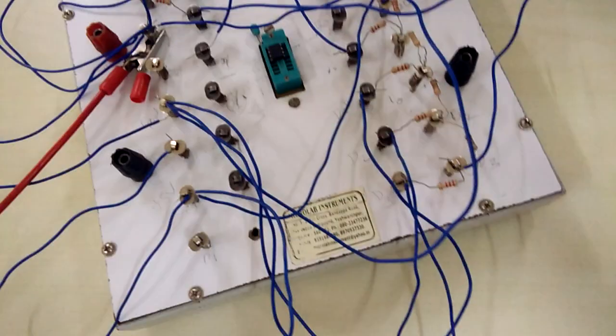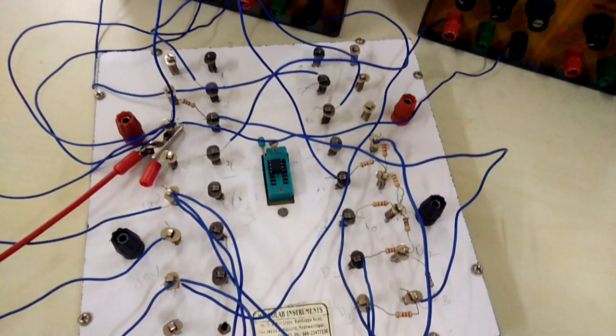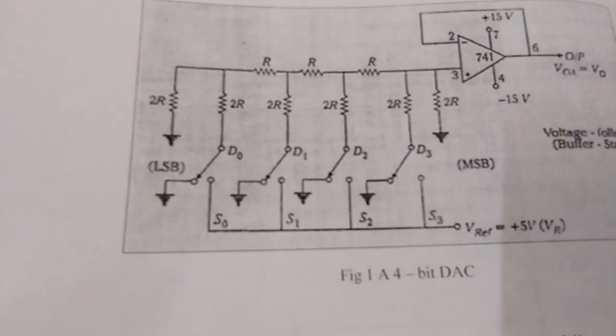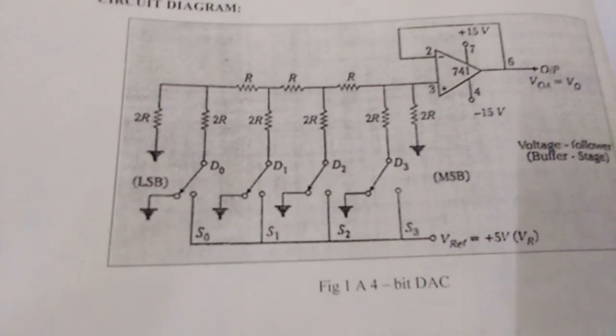The procedure is, first the connection is made as shown in the figure, and we have to use 4 toggle switches. Toggle switches are like this, what you are observing in the diagram. These are D0, D1, D2, D3, because we have 4 inputs, therefore 4 toggle switches are required.